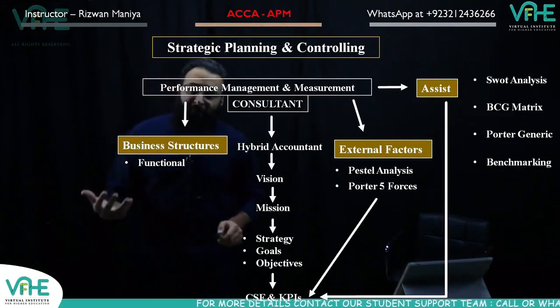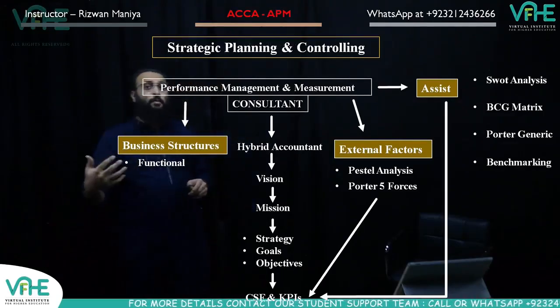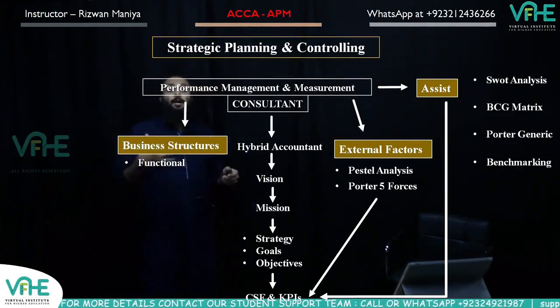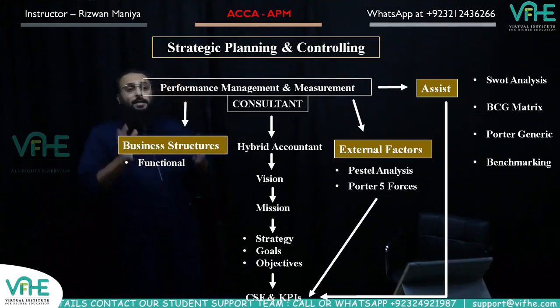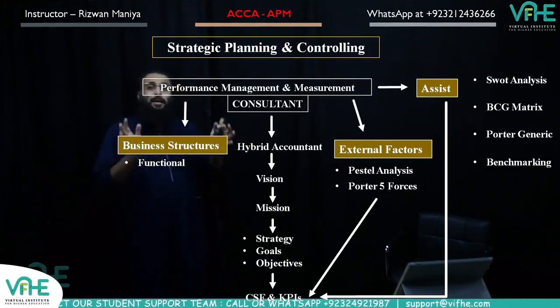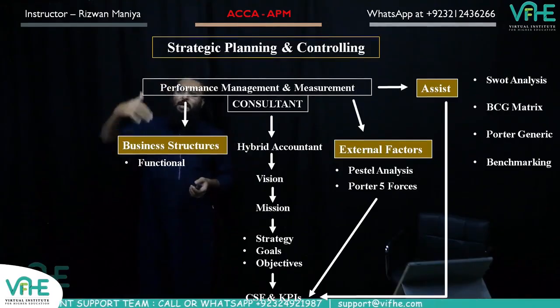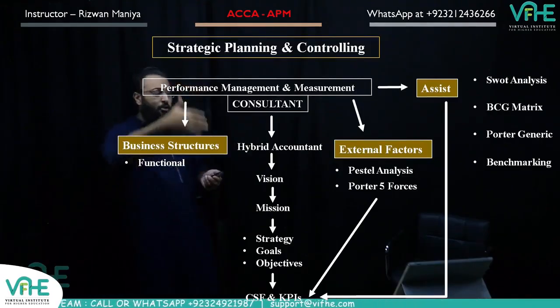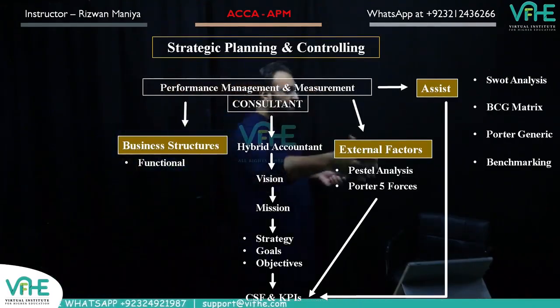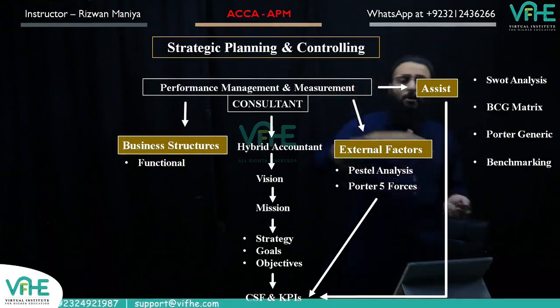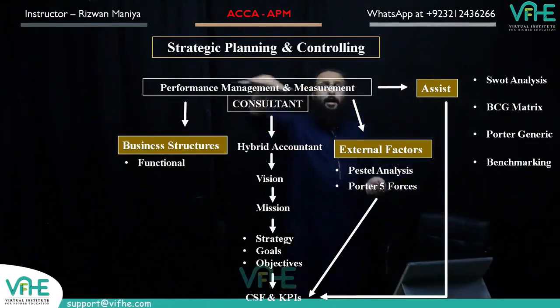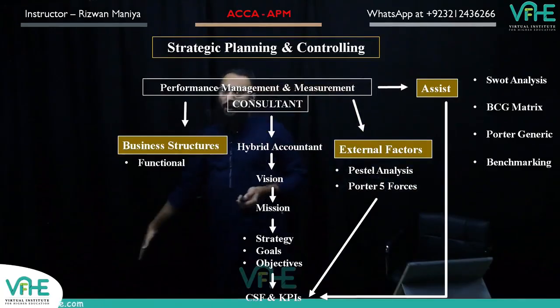So if it is a functional structure, your measurement and management will be done according to functions, as the organization will be designed in different functions like marketing, production, procurement, advertisement, administration. So separate functions are there, and under these functions things are going on.